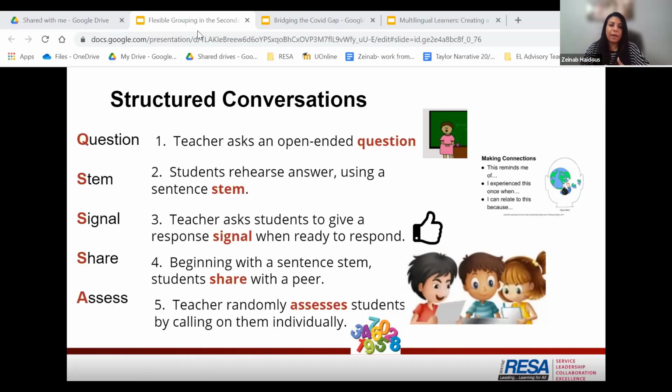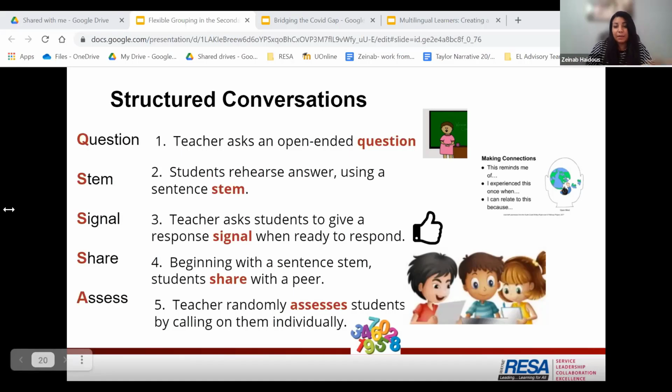And then you have them share in pairs or in groups. And this really increases the student talk, and it gives them a chance to compare their answers. And it also really promotes 100% participation of your class as far as practicing that targeted language that you want them to practice.